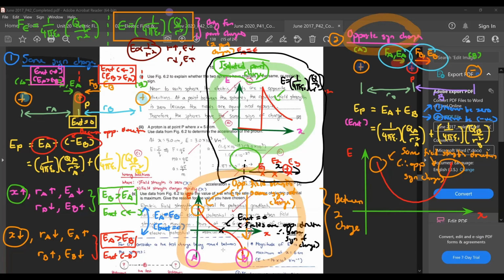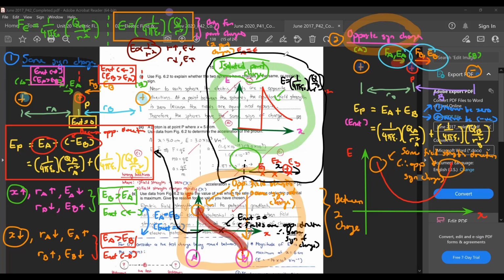You get this graph shape when you are talking about the field strength between 2 point charges, not an isolated charge. In this circumstance, the equation that this graph line follows is this one here: EP is EA plus negative EB, giving you this. That's how you got this particular graph shape in the first place, because it's for between two charges.